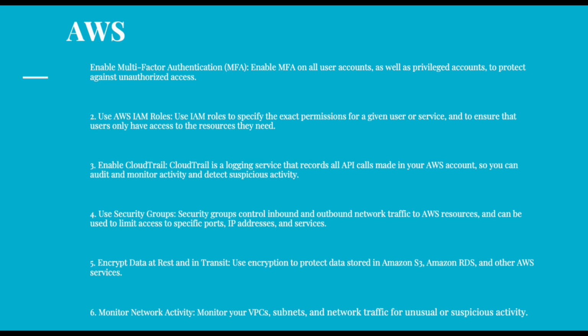When designing my architecture and migration projects, I ensure that all user accounts have MFA, as well as going back to role-based management, identity access management, and curating privileged accounts. This simply protects against unauthorized access.